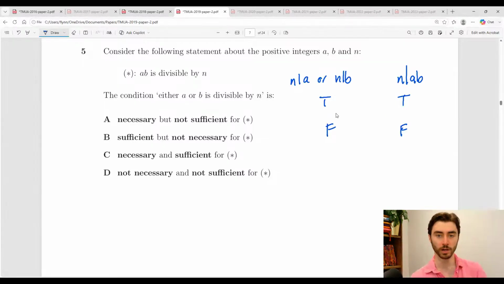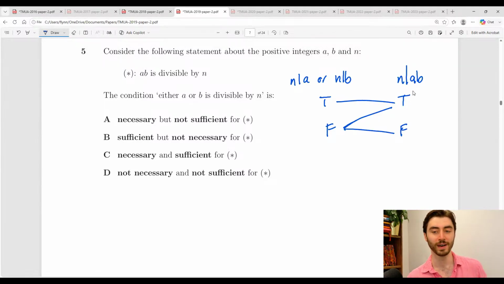So let's work out what logical pathways exist. If n divides a or n divides b, then we do know that it is true that n divides ab. And we know if n divides neither, it could not divide ab, but it could still divide ab. It is possible. So for instance, let's take the case where a is equal to 4 and b is equal to 6.